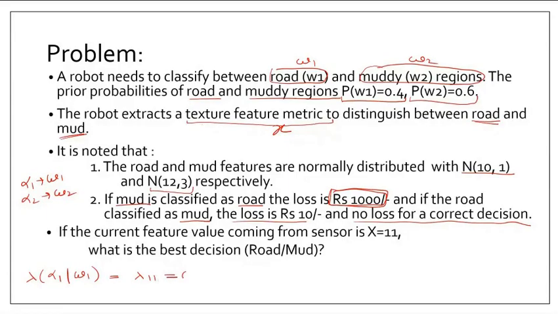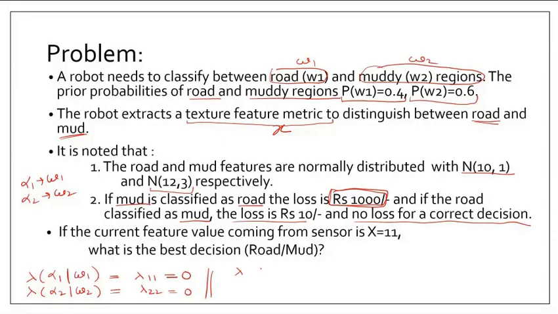So there is no loss, loss is 0. Then I have the other option. I take a decision alpha 2 when the true state is omega 2. So I am classifying mud as mud. So this is lambda 2 2, which is also 0.